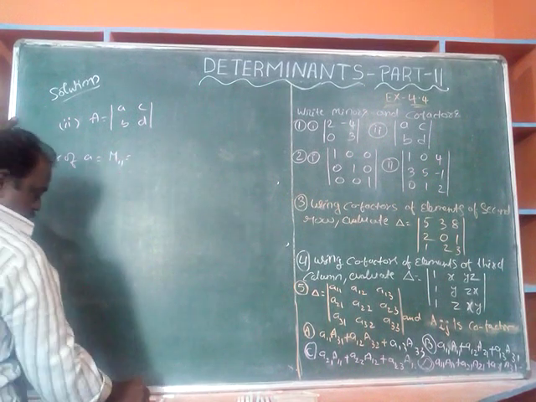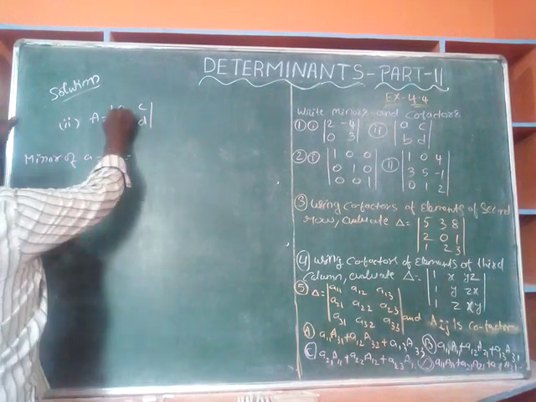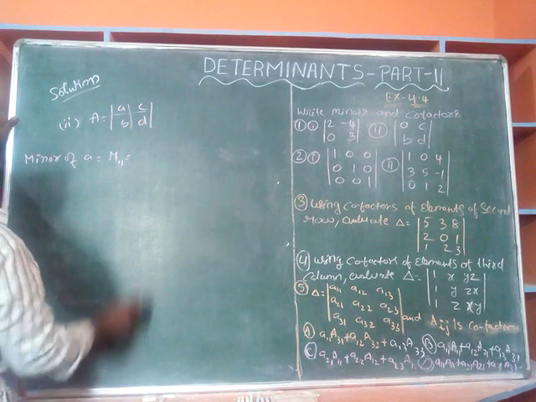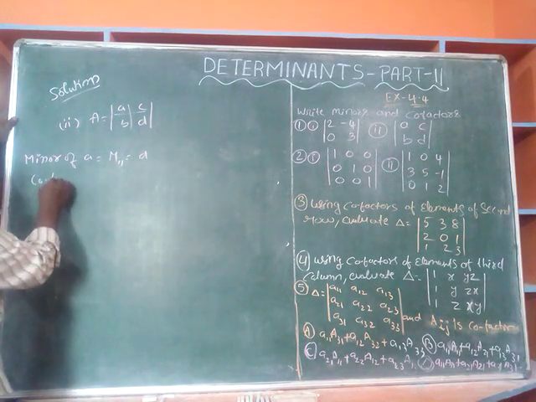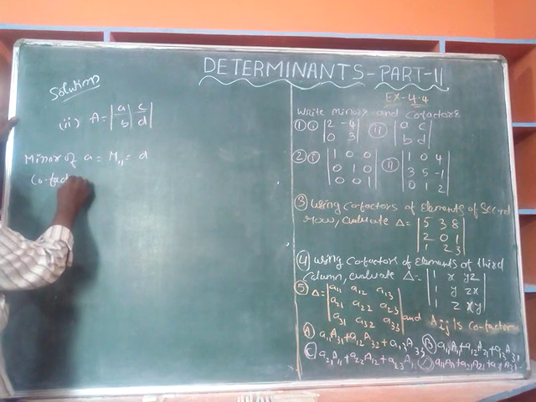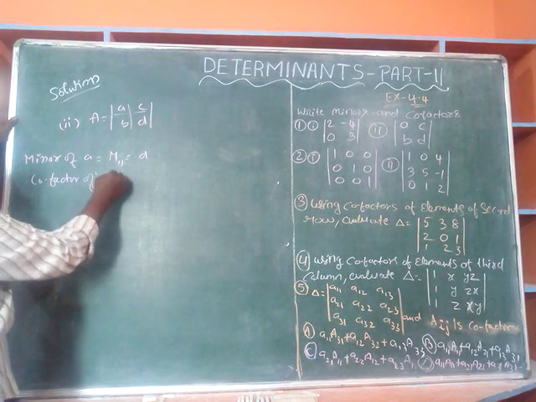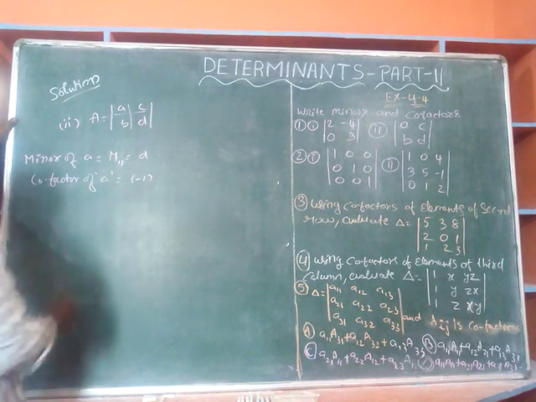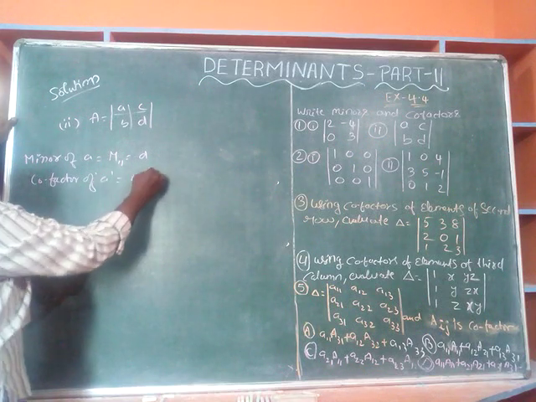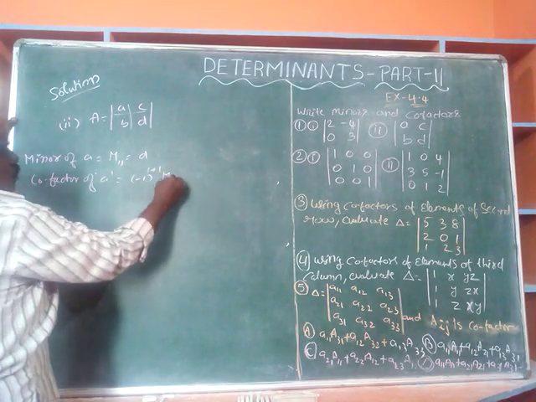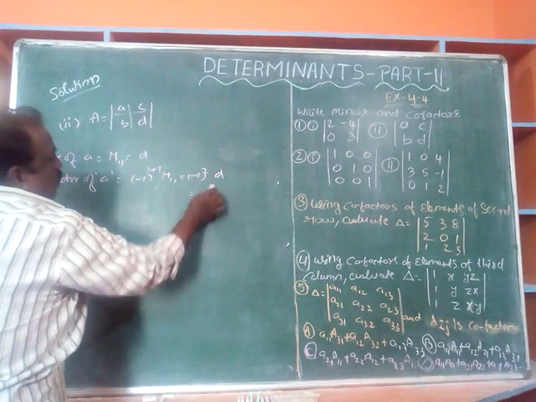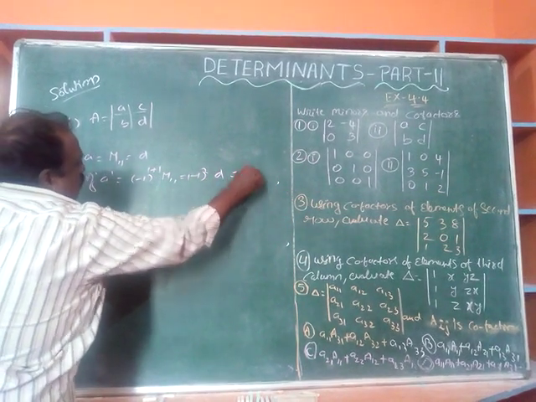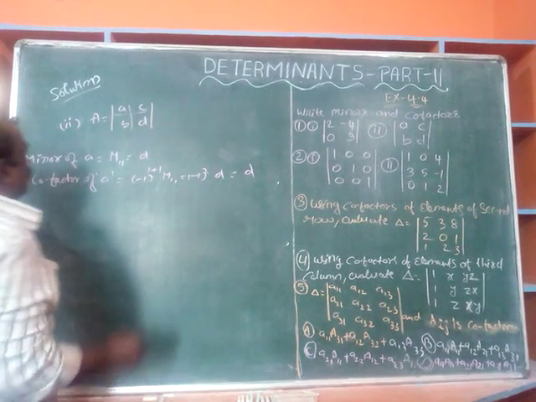After deleting row and column, we get D. Then the cofactor of the same element A is (-1) power 1 plus 1 into M11. It is (-1) square into D. That is simply D. You know it.